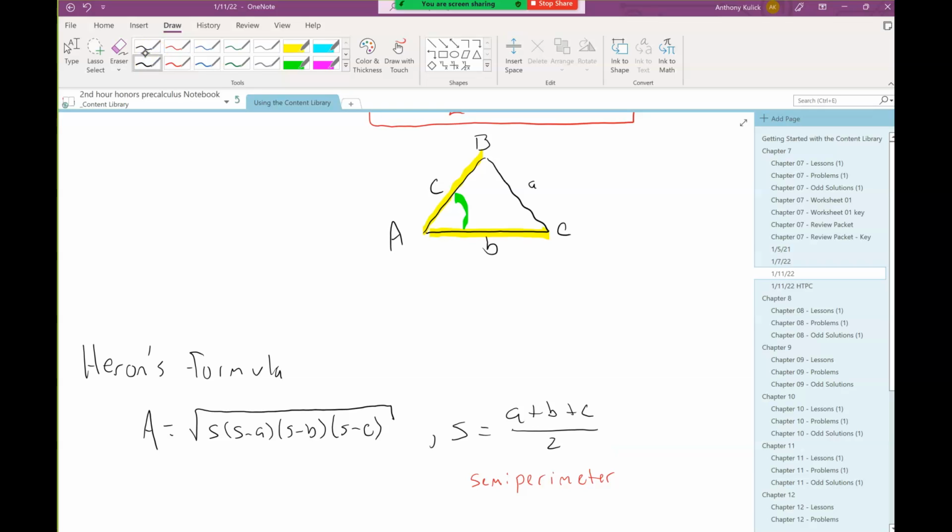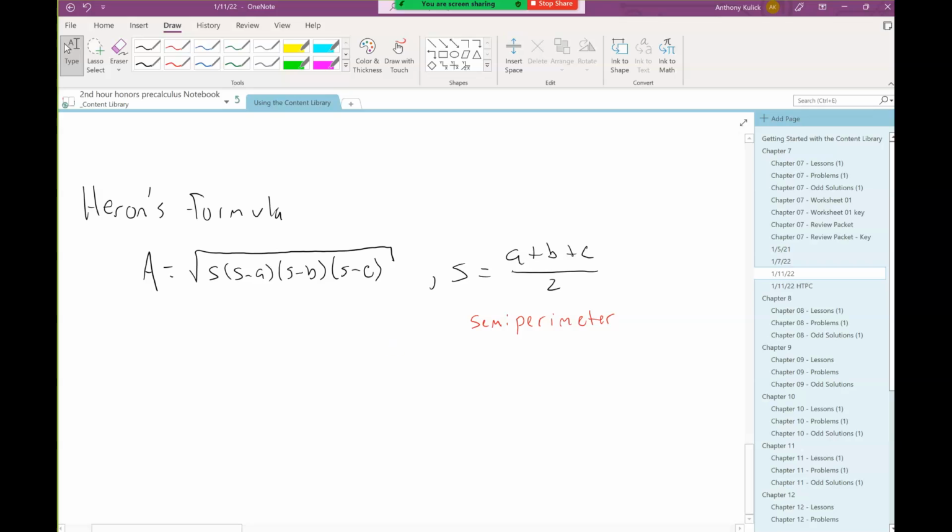So you might look at that and go, galloping goblins, that doesn't make a lick of sense. Where the heck is this coming from? Which is fair. Let's go ahead and prove that. That's something we would do in an honors level class, is make sure we understand where the formula is coming from.